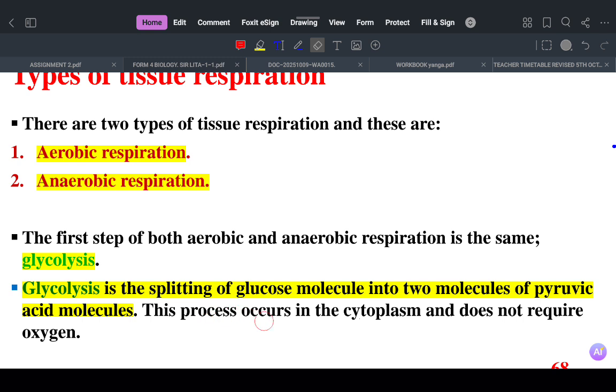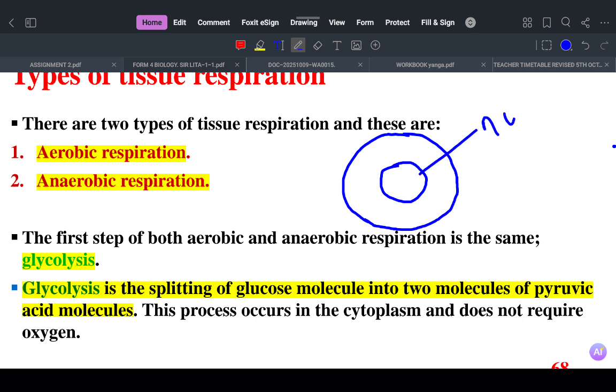And this process occurs in the cytoplasm of the cell. So when you draw a cell, I'm sure you're familiar with the parts of a cell. When you draw an animal cell like this, right in the middle you have the nucleus, and then you have the cell membrane.